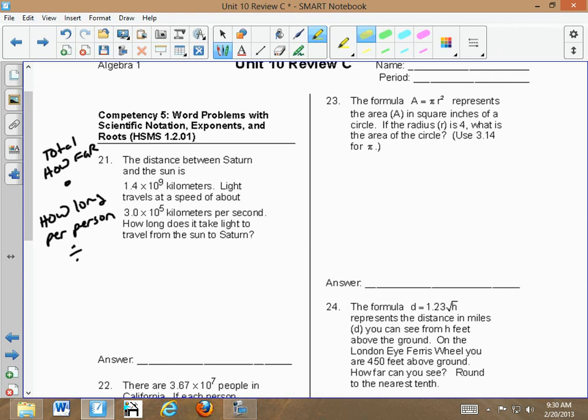This one is how long? How long is division? That means I'm going to take first number first. 1.4 times 10 to the 9th goes on top. My second number, 3.0 times 10 to the 5th, goes on bottom. I divide those out. We've already discussed that.